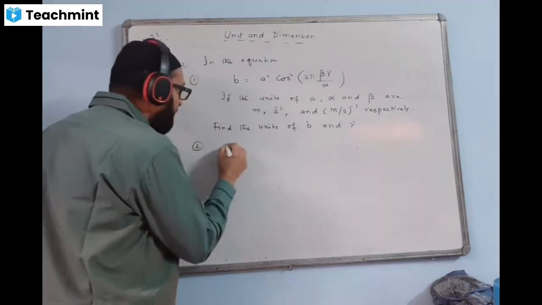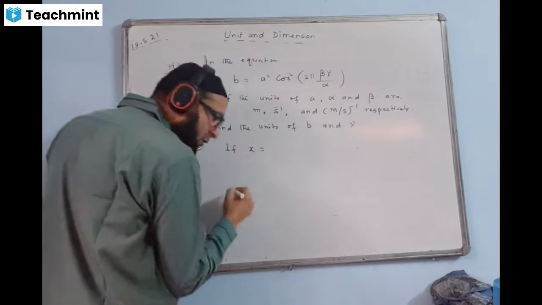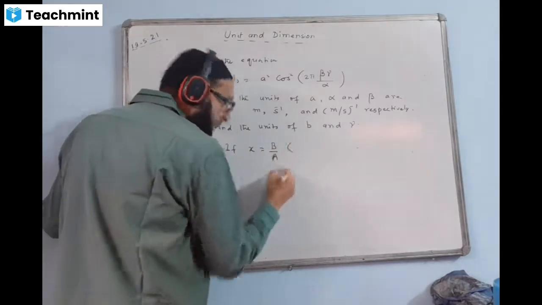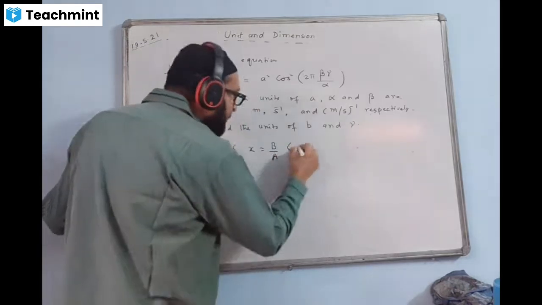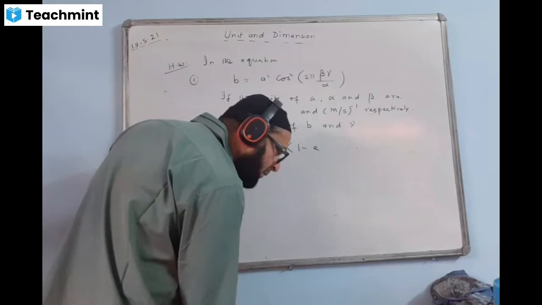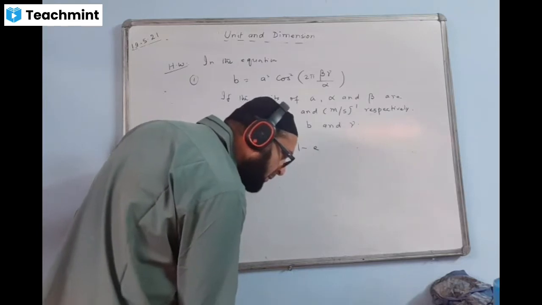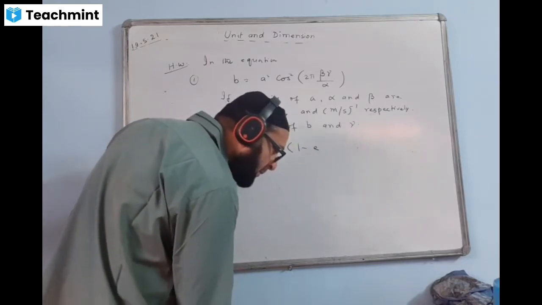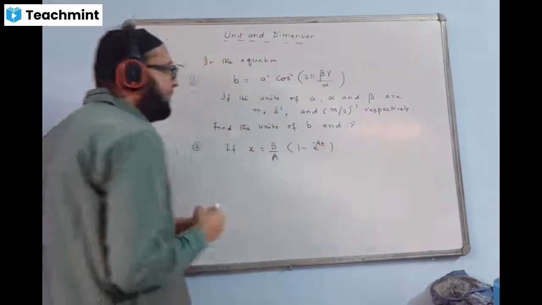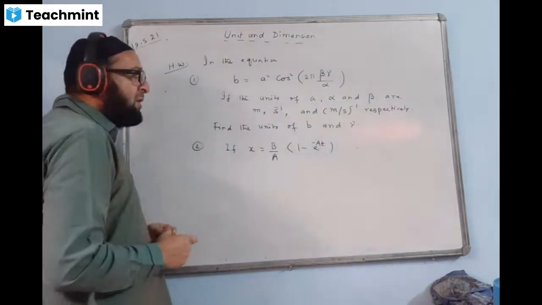If x is equal to b by a bracket 1 minus e to the power minus at. The e to the power is called the exponential function, that is the anti-log function.